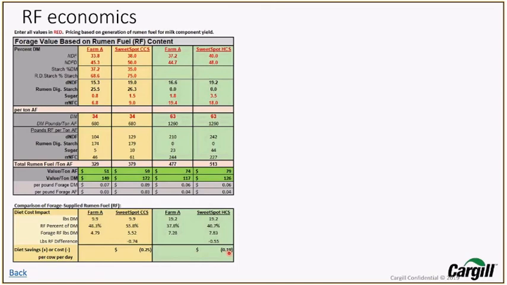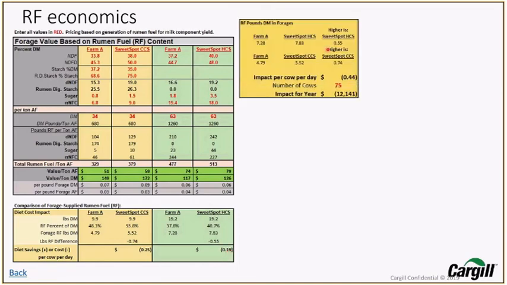And I'll show you how we got there a little bit. So here's Farm A, the sweet spot, and what the difference is. Basically, this small farm, a 75 cow farm, is spending $12,000 more than they would if they would hit the sweet spot. So we can put an economic value to hitting the sweet spot.